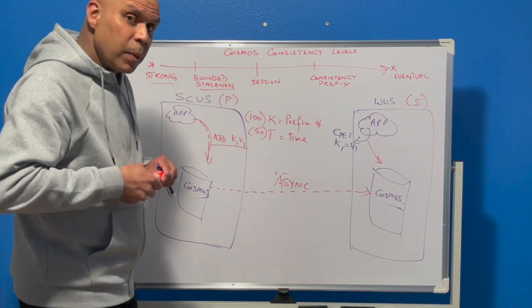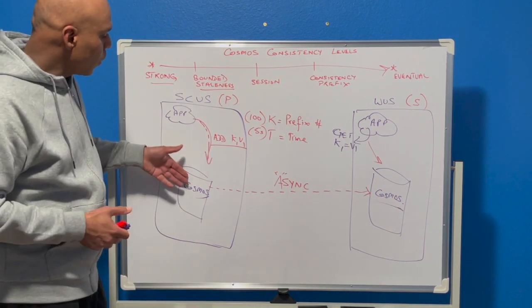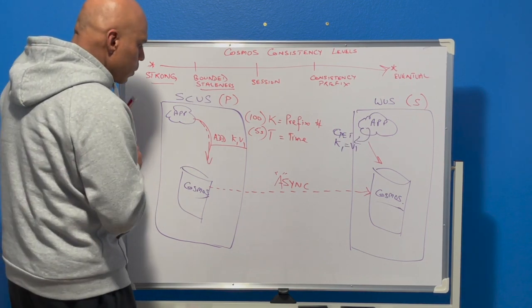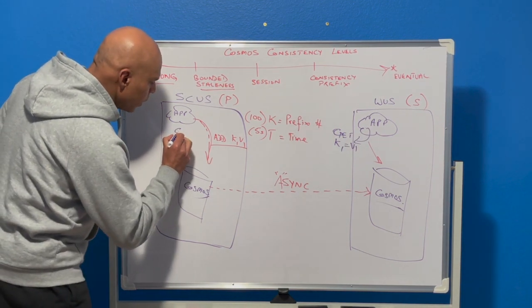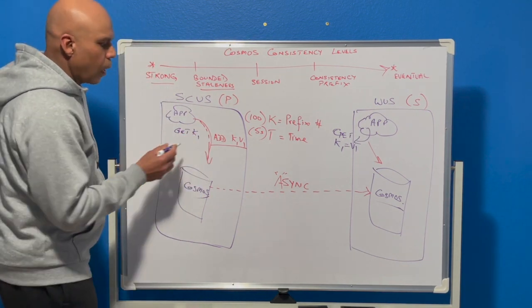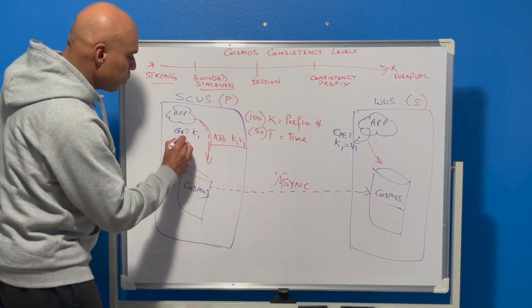What this basically means is, if I am doing a write now and my application issues a get call, it issues a get key 1, I can very well get the value of v1 back.